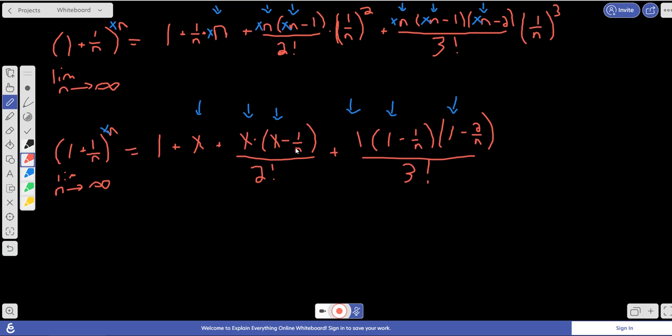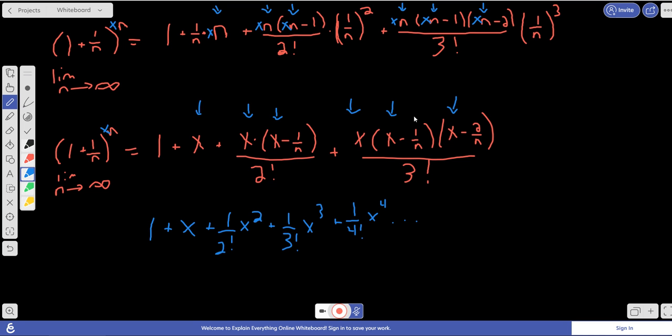Again, 1 over n, as n goes to infinity, goes to 0. But the rest of these become x's. So now if we take a look at our result here, we notice that we have basically 1 plus x, and then these x's multiply this x minus 1 over n, which is x minus 0, because 1 over n goes to 0 as n goes to infinity.